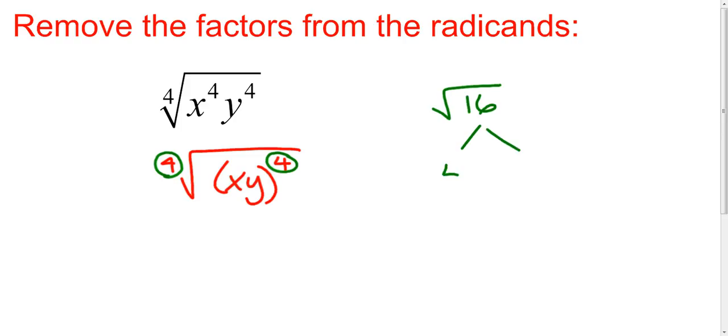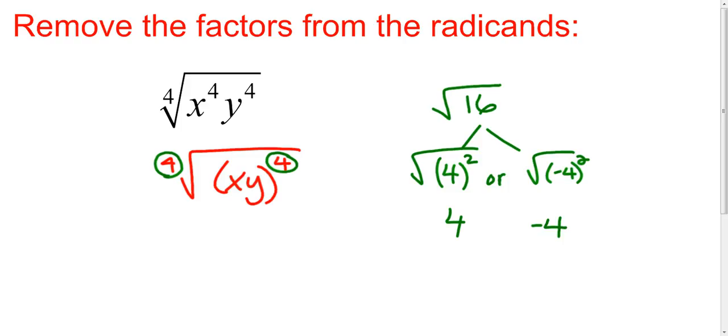Really, what I know is that 4 squared is 16, so I really could do this and get 4, or I could do this because -4 squared is 16, okay, and get -4. So what we're doing is saying take the absolute value of that so that it accounts kind of for both cases, okay? That's what happens when this is even and this is even, okay? So here I'm just going to get the absolute value of xy.